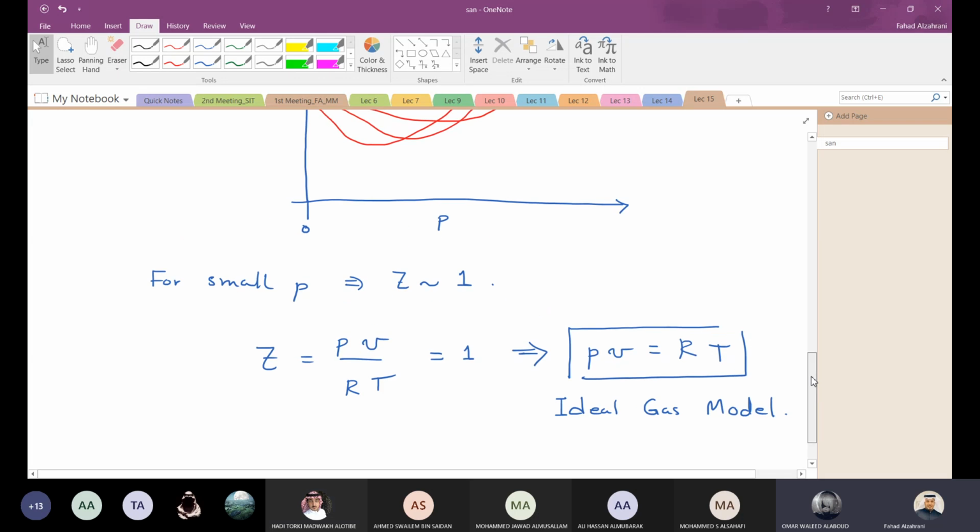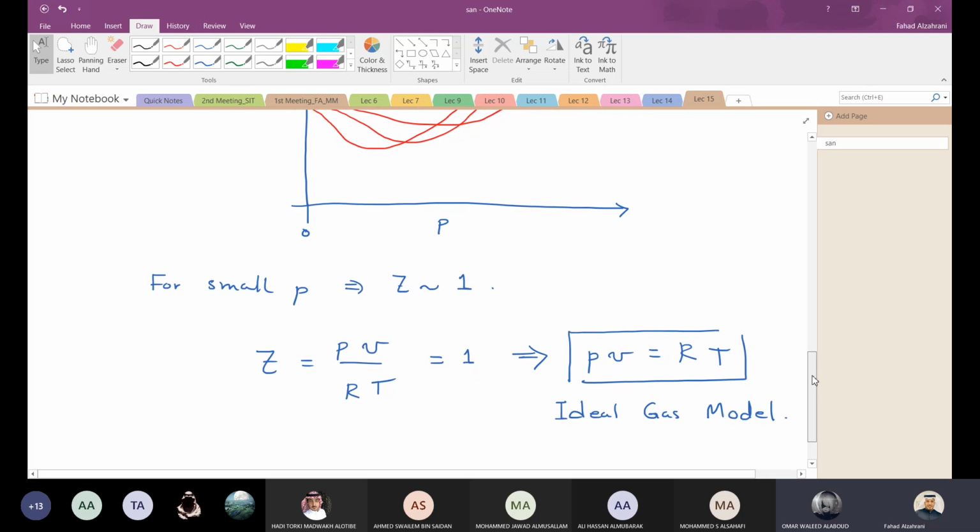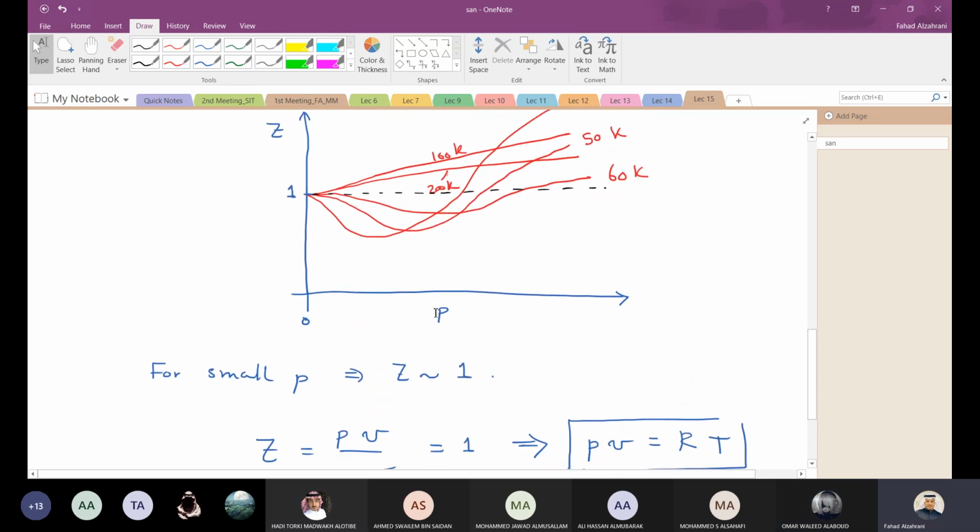Doctor, if it were less than 1, for example if Z equals 0.5? You mean Z less than 1? Yes. It's normal for it to be less than 1. Actually, if you look here, we are not talking about Z itself, Z here can be below 1, you can see these values here are below 1 and there are values above 1. Okay, that's not our point, our point is that it is close to 1 when the P is 0. We are talking about the P here. If the P is getting smaller as it goes to 0, the Z here is getting close to this value 1.